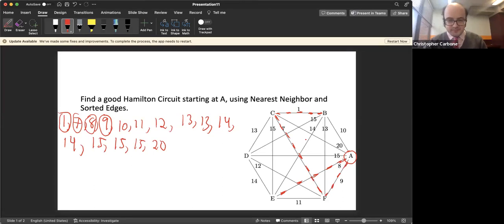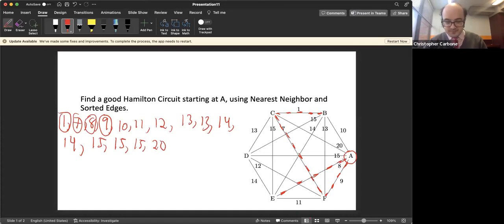And then from there, we still need to get to D and then find the connection over to E as well. Continuing on with this list, the 10 is going to connect up to the B over here on the right-hand side. And that doesn't help us in completing the circuit, so we can't use that one.